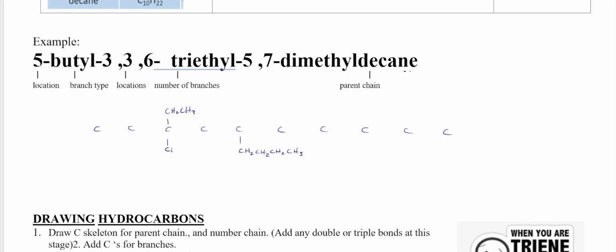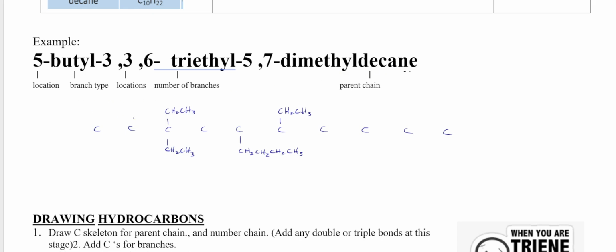Again, on the 3rd carbon, CH2, CH3. On the 6th carbon, I have CH2, CH3. Okay, 1, 2, 3, 4, 5, 6. Yep, that works out.